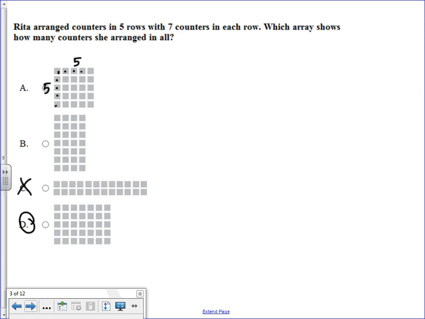Now earlier I said that this choice C might represent the product. Could that array represent the product of 35 without even counting those? Kyle's shaking his head no. Explain why. Could you break 35 objects into 2 equal rows?